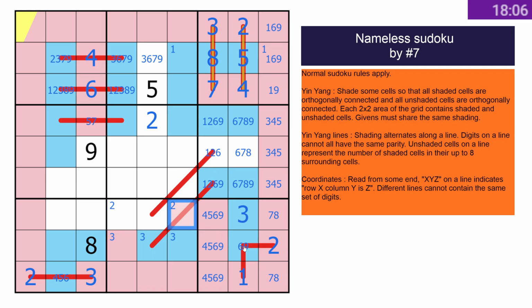If this cell is 2, then you get a 2 here. So could that be talking about row 2, column 6? Yeah. That could just be a 1.